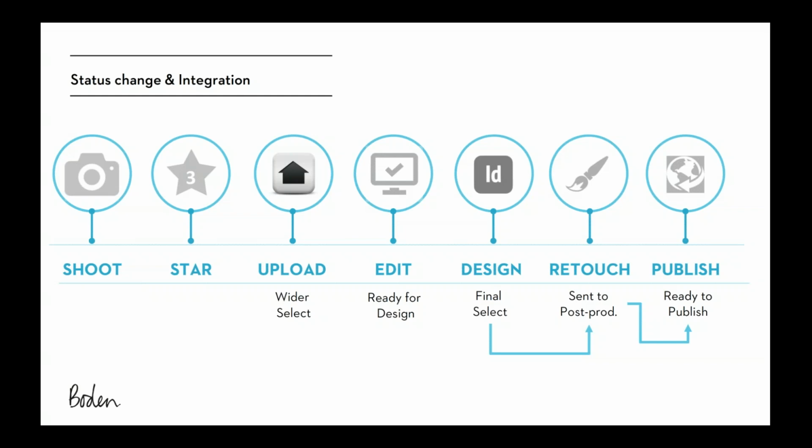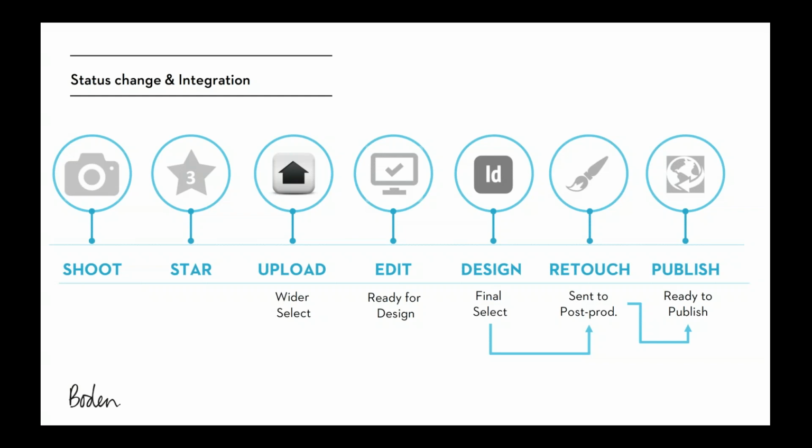So in terms of our process, it all starts on shoot with the team capturing the image. And we are not allowing everything that is being shot to go on the DAM. So obviously we need to have an editing stage where the art directors are able to select 30 images per shot.